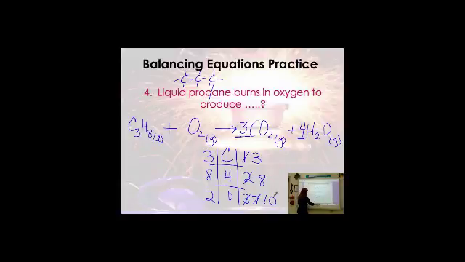Carbons balanced, hydrogens balanced. I just need a couple more oxygen on this side. If I need a total of 10, I can put a 5 coefficient out there, and now I'm balanced. 1 propane plus 5 oxygens gives me 3 carbon dioxides and 4 waters.